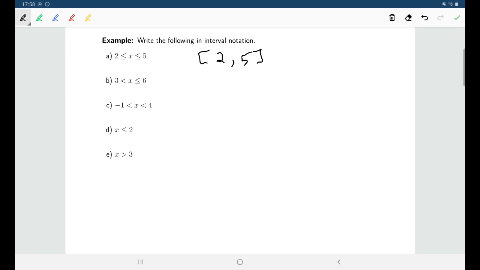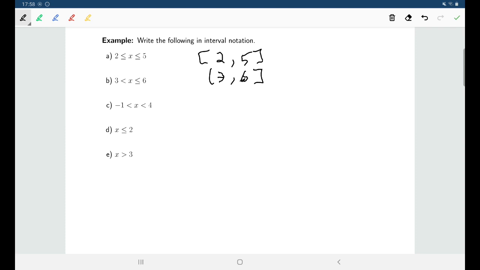So it's going from 2 to 5, not from 5 to 2. Similarly, for the next one, we're going from 3 to 6. We are not including the 3, x is greater than 3, but we are including the 6, x is less than or equal to 6. So round brackets around the 3, square brackets around the 6.